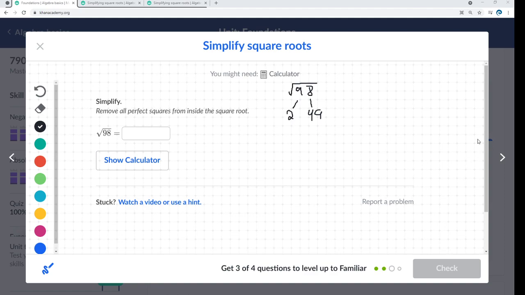How do you tell if something is prime? 49 divided by, there's a trick here.